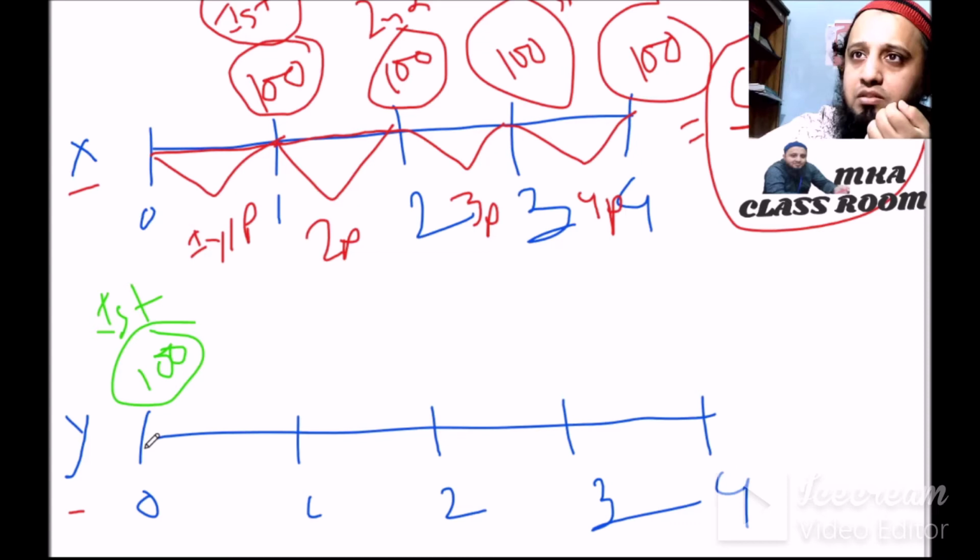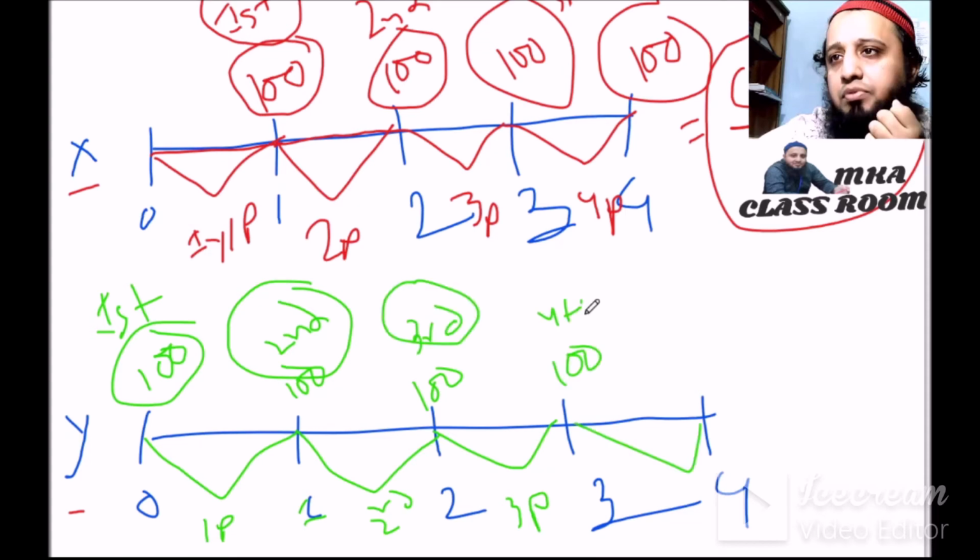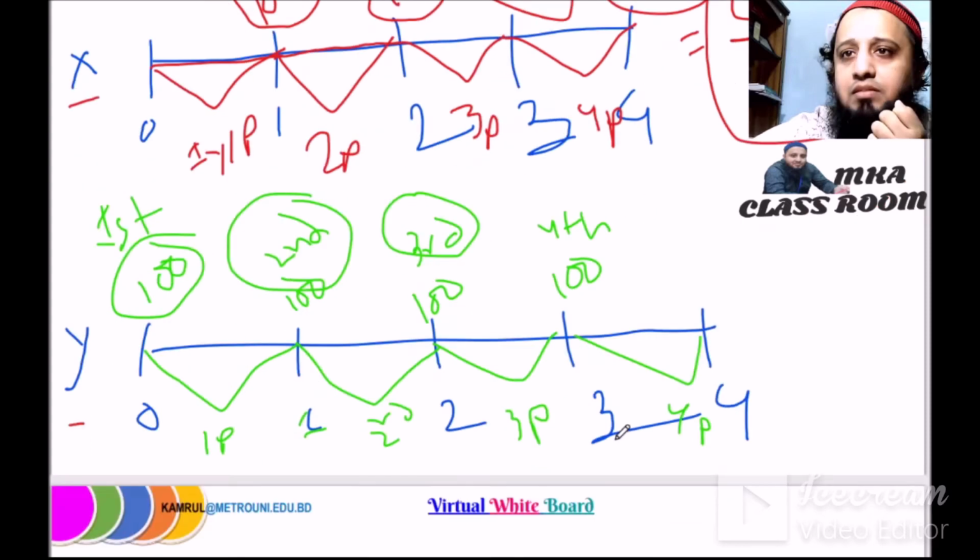Your third payment starts at the beginning of the third year, or third period, that is your third installment. And your fourth installment starts at the beginning of the fourth year, that is your fourth period. That is the example of annuity due.